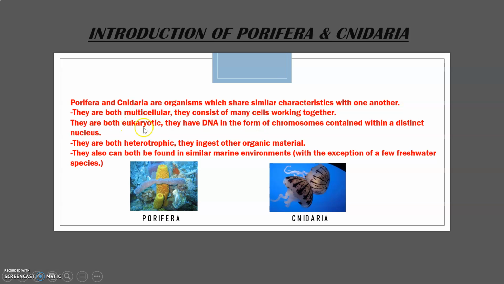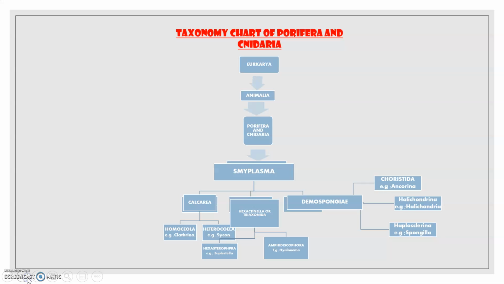They are both eukaryotic, which means they have DNA in the form of chromosomes contained within a distinct nucleus. Also, they are both heterotrophic and ingest other organic material, and they can both be found in similar marine environments, which is in the water. We can see from here that Porifera is like a sponge, and Cnidaria is like a jellyfish. So we go to the next one.